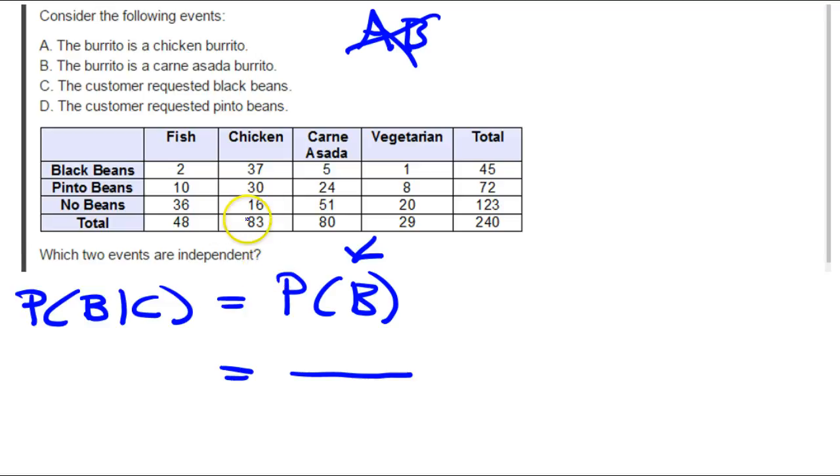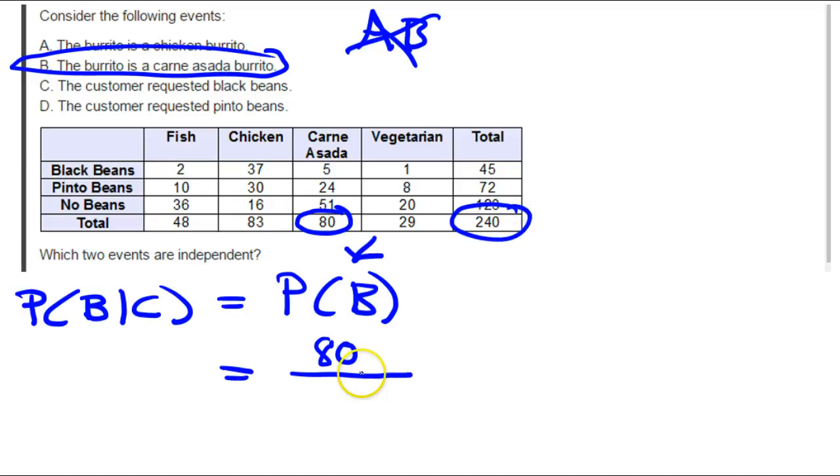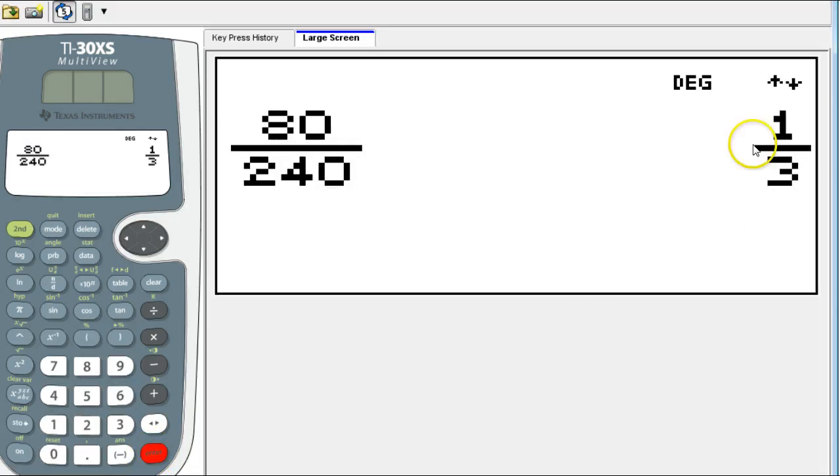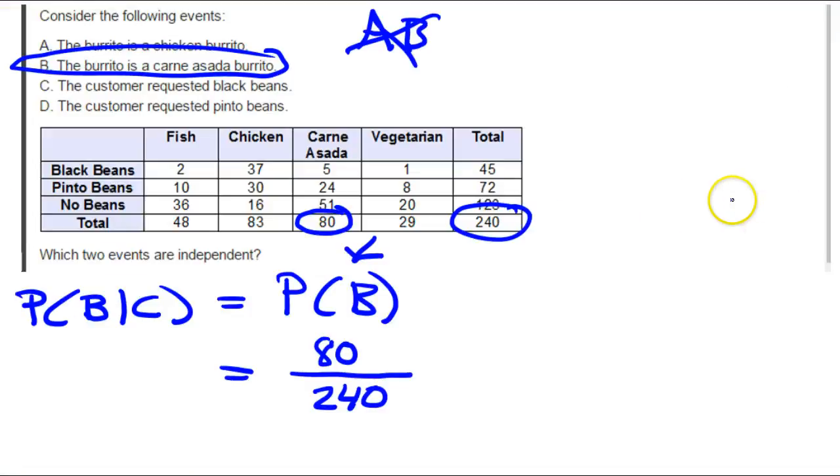Our target is event B, carne asada. There's 80 of those out of a total of 240 burritos. Okay, 80 out of 240. That's 1/3.